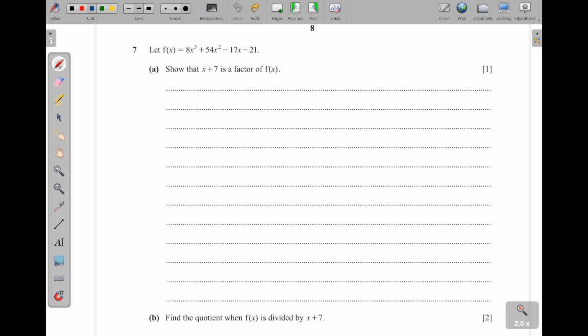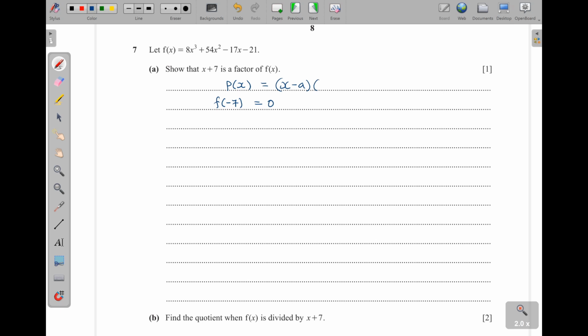Now we are going to use the factor remainder theorem, which states that f of negative 7 is going to be equal to 0. Why is it like that? If I have a polynomial, it is equal to a divisor, which is a function of x, times the quotient. So the divisor, I can write it in this format, x minus a.